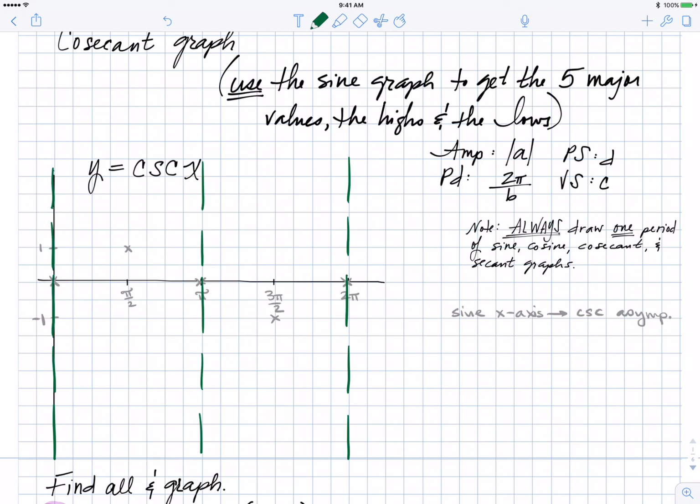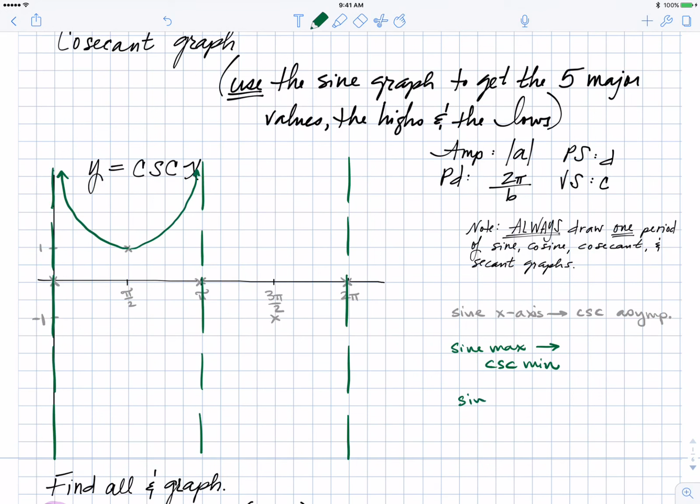Just like before, my sine max will become my cosecant min. So you see I have a sine max over here at pi over 2. It's going to become my cosecant minimum. Always getting closer and closer to those asymptotes, never actually reaching them.